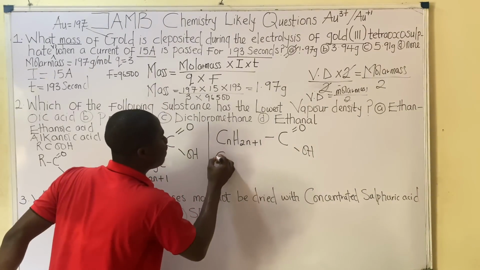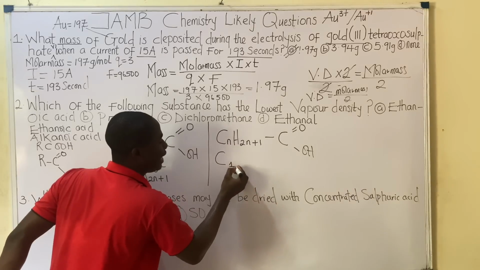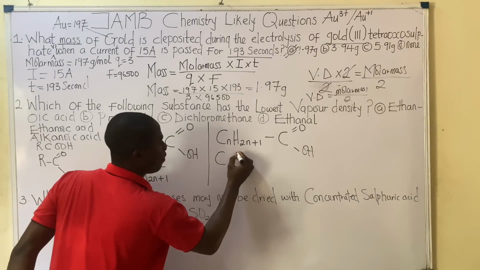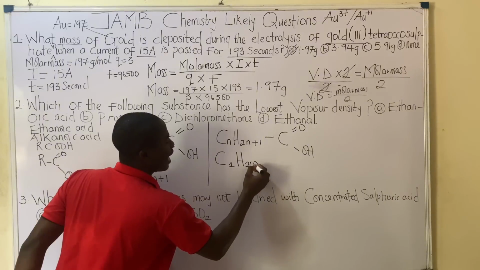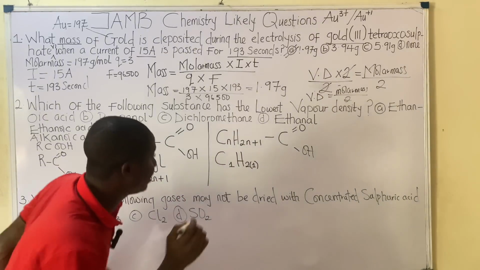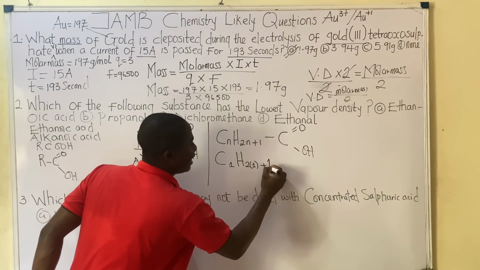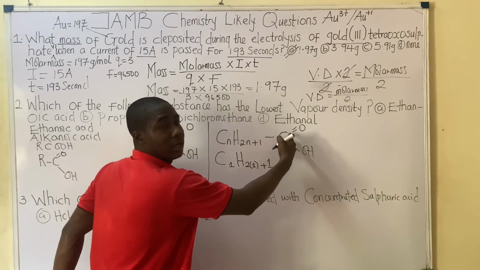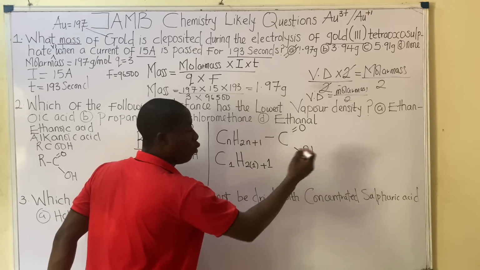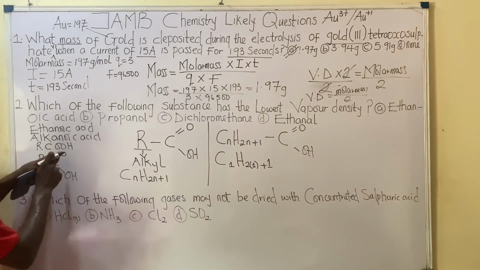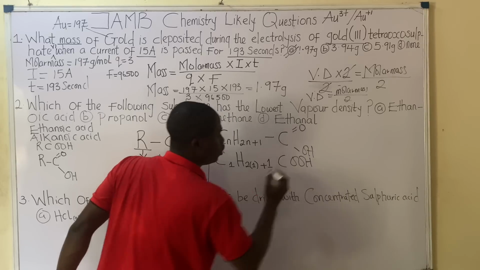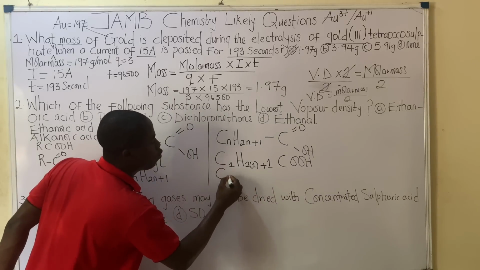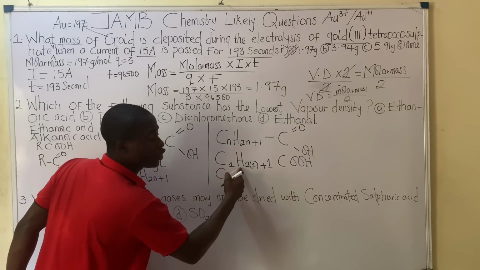So then this place I'm having n, I'll input 1 here. Please follow. So here we're having H2n. So this place I'm still having n, I should input 1. Do you understand? Plus 1 at the end, and C double bond O and OH. So here I want to just rewrite it the way it is, COOH. It will not stress us. Do you understand? So here we are having C1 H2.